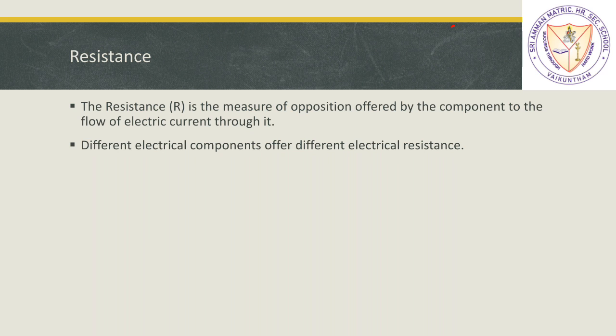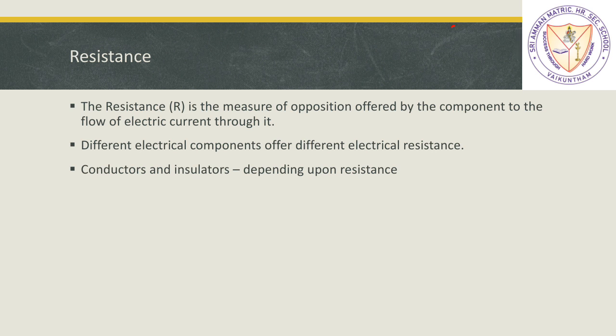Different electrical components offer different electrical resistance. So different materials and different things offer different amounts of resistance. Conductors and insulators are classified depending upon the resistance. When you have high resistance, the flow of current will be very negligible or almost zero.